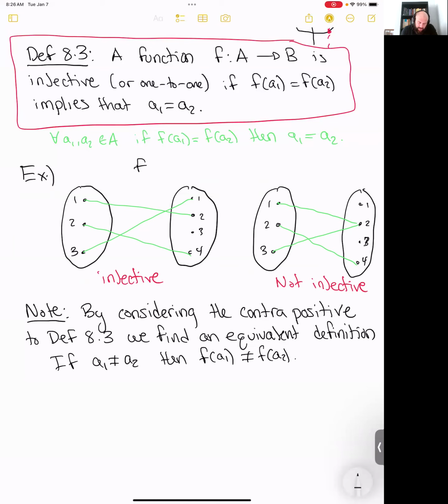Good. We will talk about how to prove something's not injective later when I go to prove things. So for now, I will leave that out.